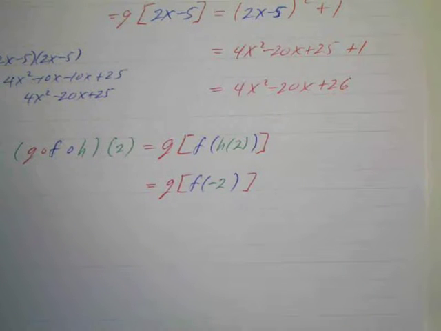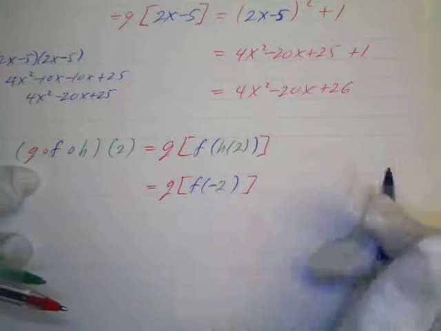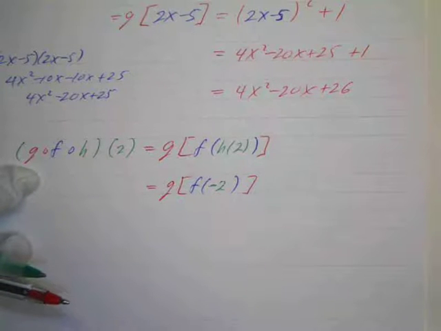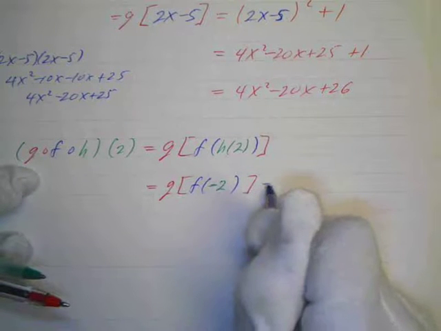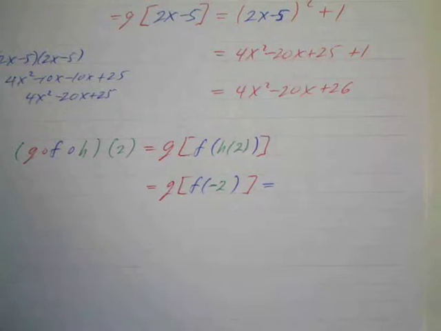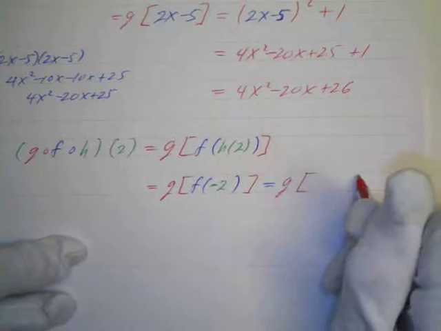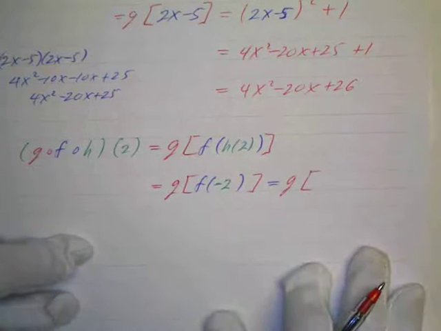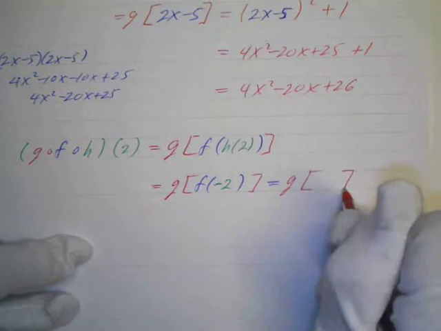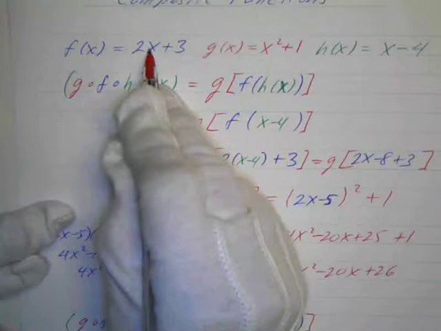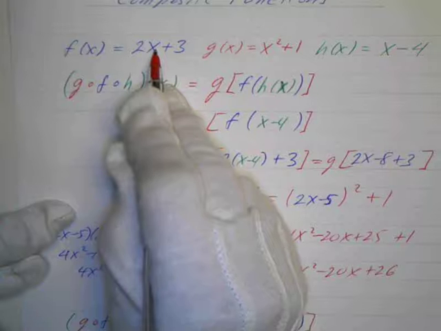Okay, what's f of negative 2? If I put negative 2 in here, what's 2 times negative 2?